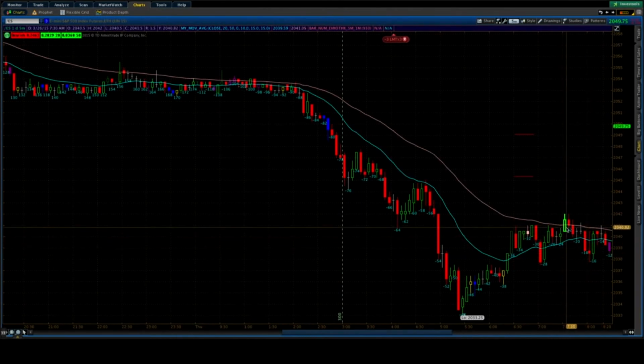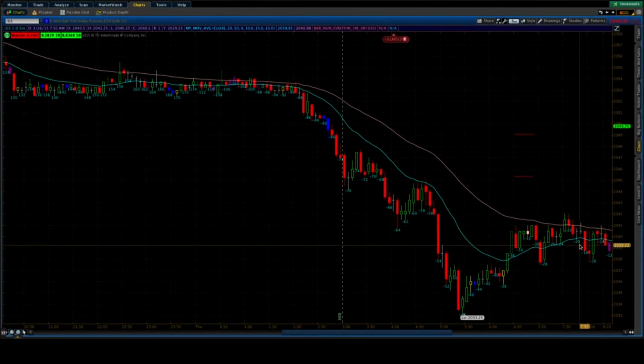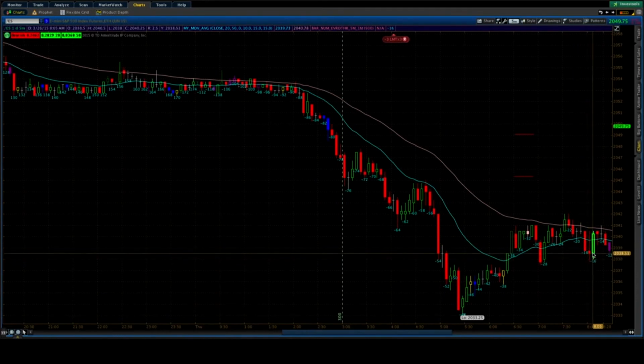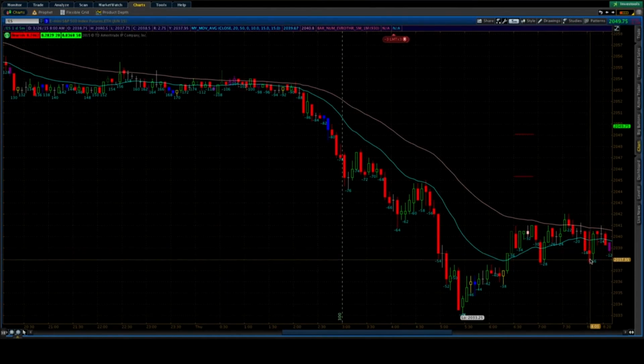It takes a little bit more work by the bears to bring the market down compared to the effort of the bulls to take the market up. So let's see what keeps happening here.